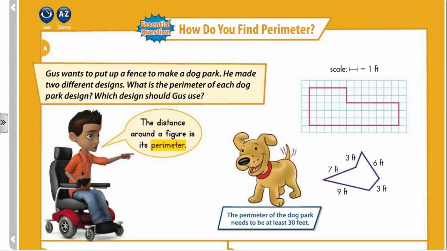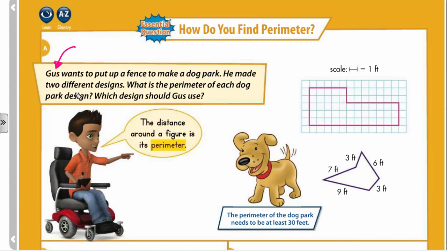Hussein? Okay, Hussein, go ahead, read for us. Read it. Dad wants to put up a fence to make a dog park.